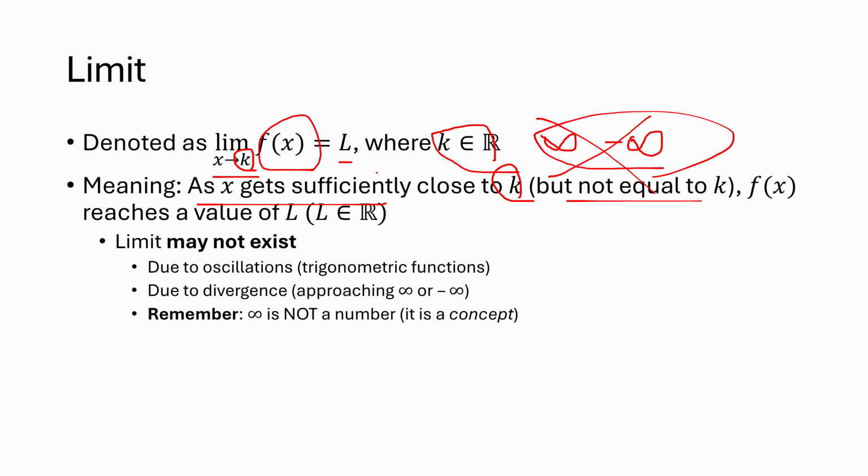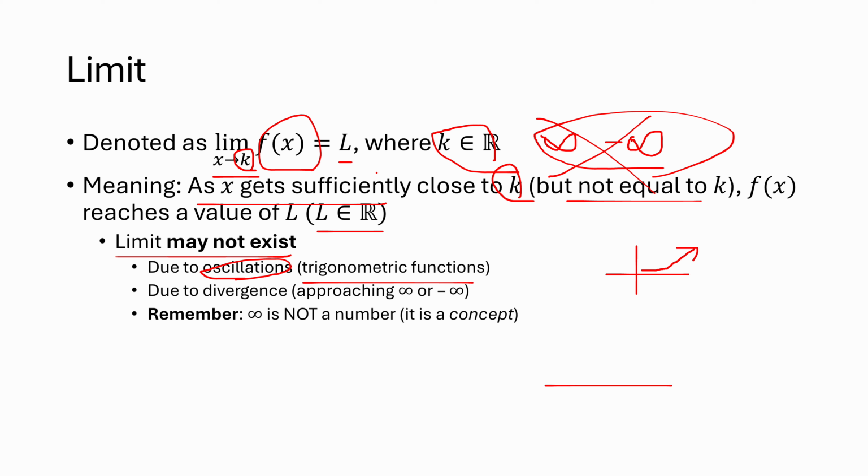So, for example, if k is infinity, then as x gets larger, f(x) approaches a value of L, where L might be a real number or L might diverge. Limits may not exist due to oscillations, which occur mostly in trigonometric functions, or due to divergence.